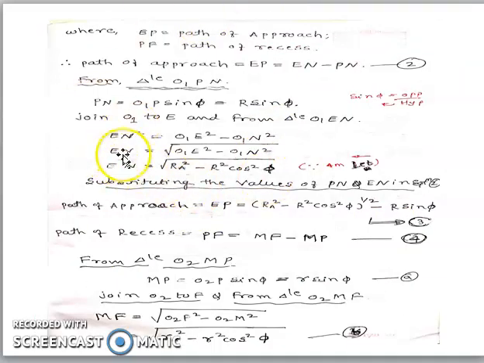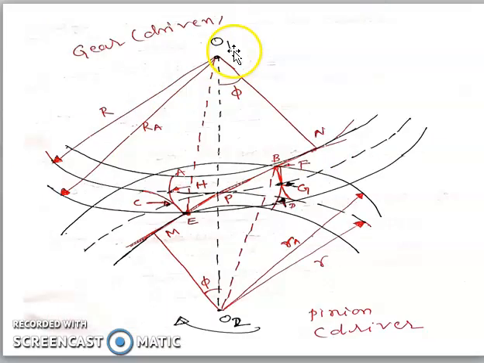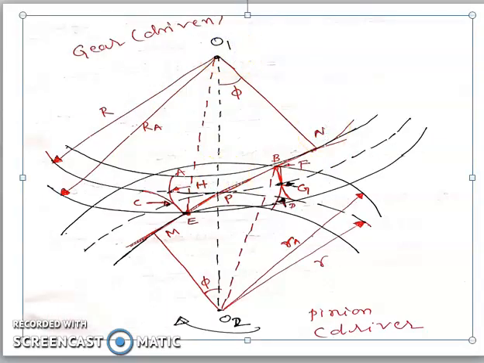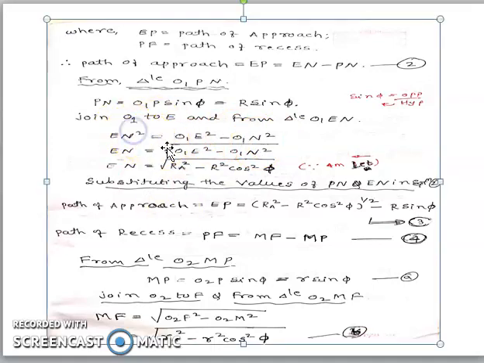Now, En square from the Pythagoras theorem is equal to O1E square minus O1N square, from the triangle O1PN. If you remove the square, it becomes a square root. Now we know O1E, and we also know O1N.